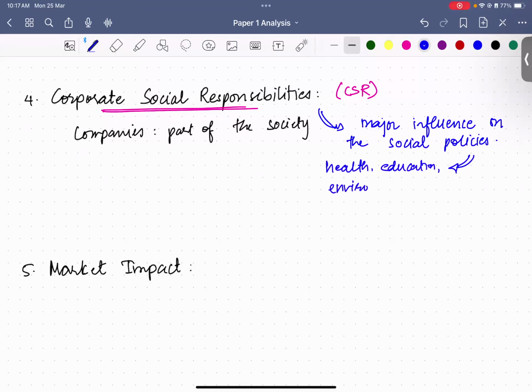Okay, an example would be the Tata's CSR. Okay, got issues like adult literacy, child dream project, school on wheels. So these are some of their initiatives.